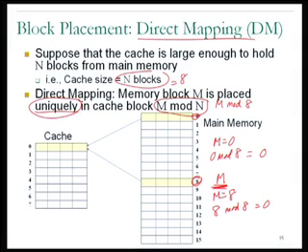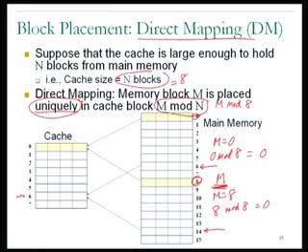Okay, now just as another simple example, it's quite easy to see that if I am concerned about which main memory blocks could map into cache block 6, then both main memory block 6 and main memory block 14 have the property that m mod 8 is equal to 6, because 6 mod 8 is equal to 6 and 14 mod 8 is equal to 6.